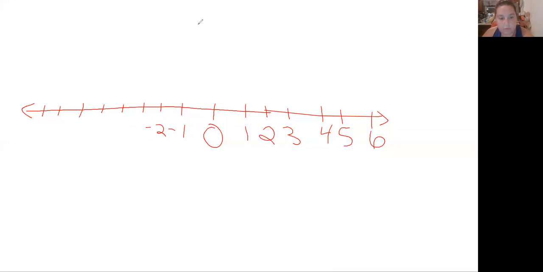So -2 is smaller than -1, even though on this side of the number line, 2 is bigger than 1, 3 is bigger than 2, 4 is bigger than 3. On this side of the number line, -2 is smaller than -1 because you have your negative sign right here. So I'm just going to add the rest of my negative numbers here.